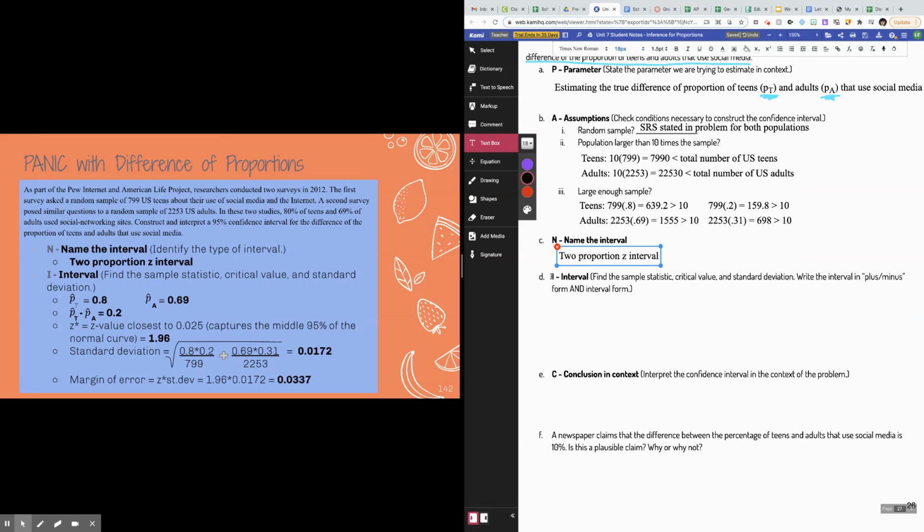And this right here is where the actual math occurs, okay? So we need to write out what all of our sample proportions are, write out what our Z star value is going to be, calculate our standard deviation, and then we're gonna write our interval in plus minus form and in interval form, okay? So my sample proportion for teens was 0.8. My sample size for teens is 799.